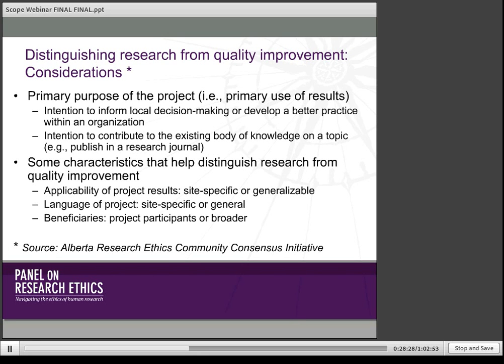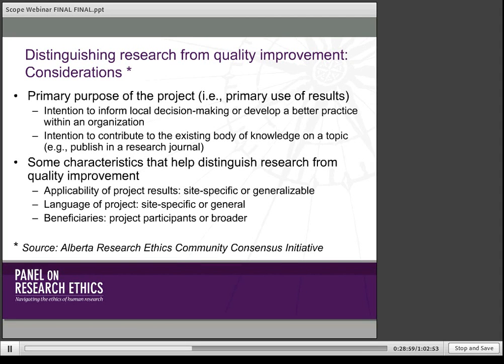They make the point on their site that it is the purpose of the project that determines whether a project is research or quality improvement. They provide questions that are designed to get at the primary purpose of the project. Questions such as, is the project intended to develop a better practice within your organization or setting, which would suggest quality improvement? Or is the primary purpose of the project to produce the kind of results that could be published in a research journal?